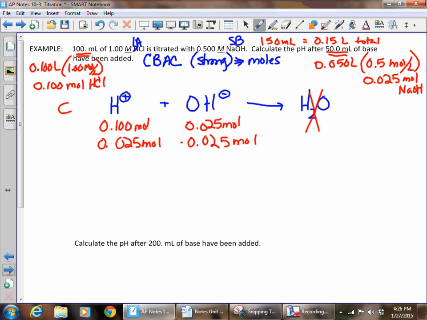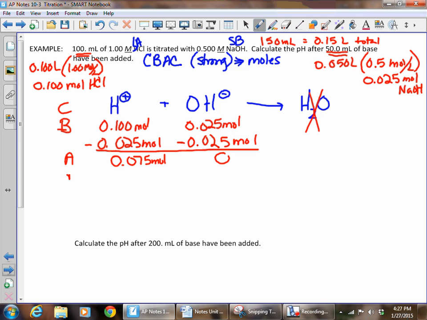So we had our concentration or amounts before, and when we subtract off those values, we'll get our amounts after. We've got 0.075 moles here, and of course we've got 0 for our OH minus.